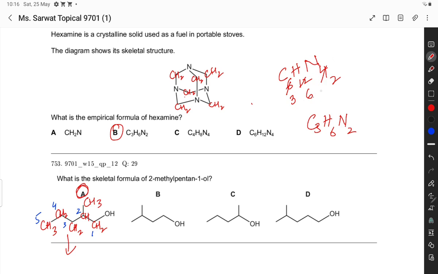So this is 3, 6 and 2, a simple whole number ratio between these 3 elements: carbon 3 atoms, 6 hydrogen and 2 nitrogen atoms. So first count the number of carbon atoms 1, 2, 3, 4, 5, 6. 6 is carbon, hydrogen is 2, 4, 6, 8, 10 and 12, and nitrogen is 4, 1, 2, 3, 4.